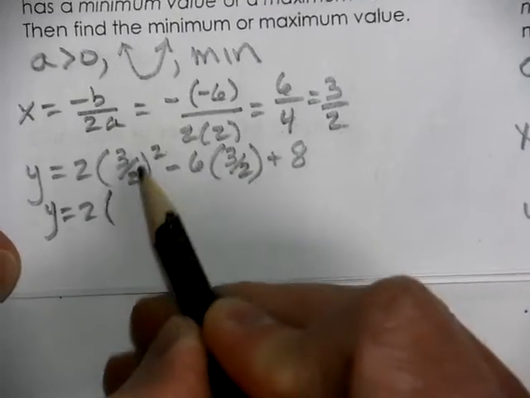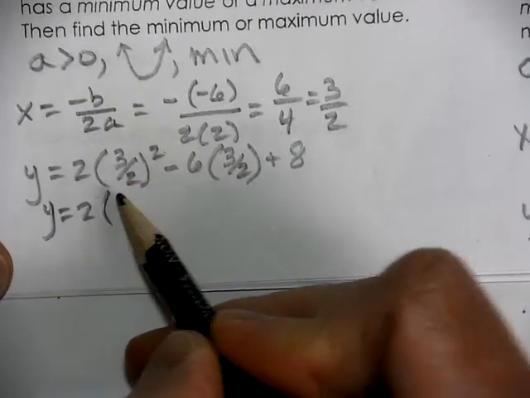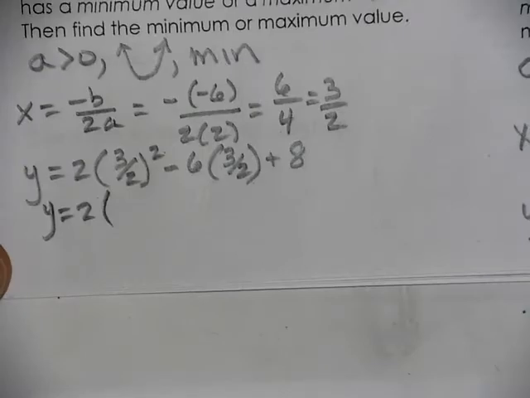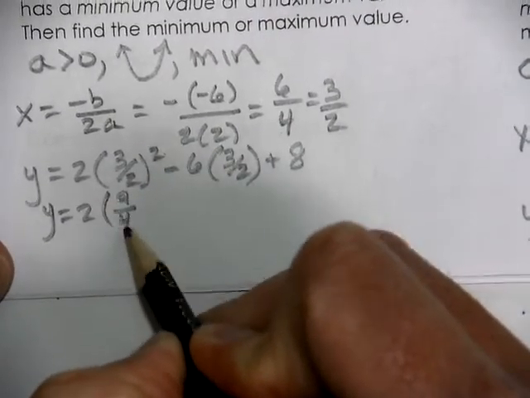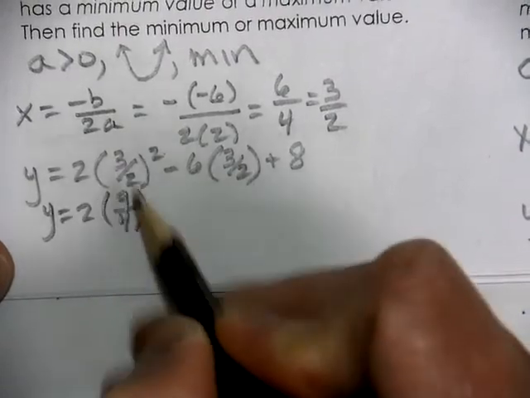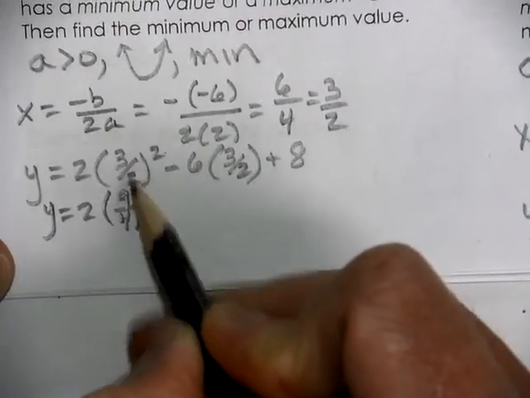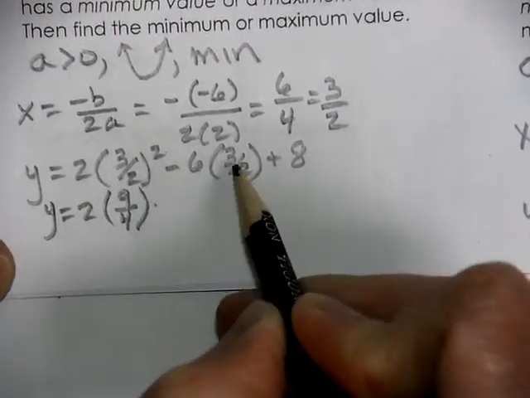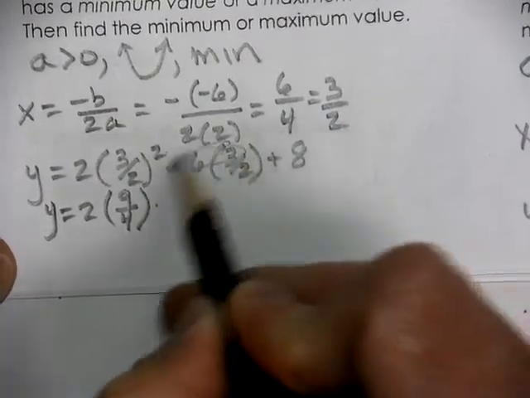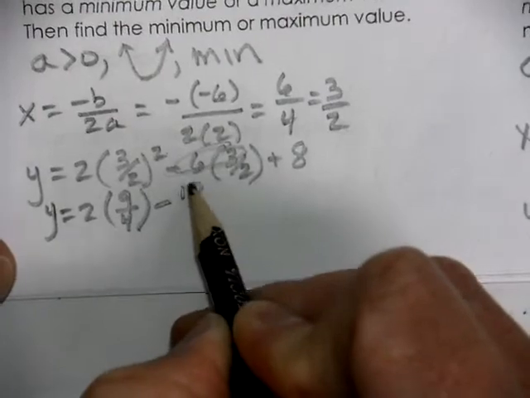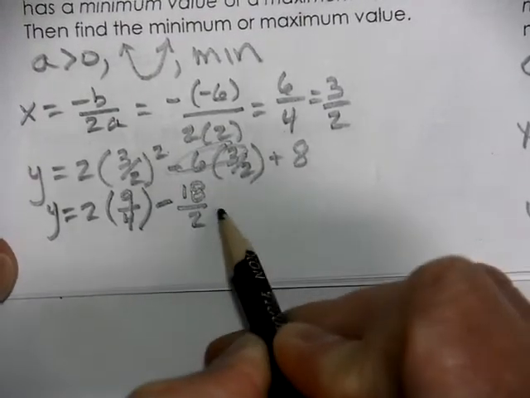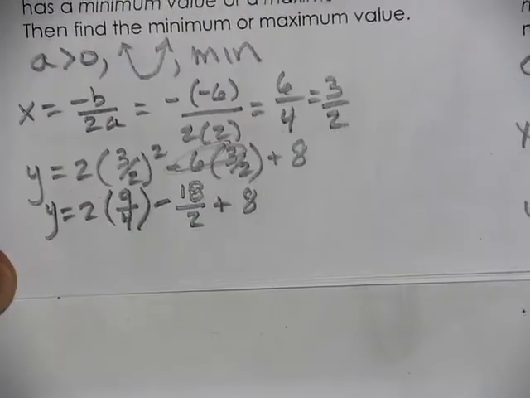So it's 2 times, and when you square a fraction, you multiply the top by itself, you multiply the bottom by itself. So that's 9/4. 3 times 3 is 9, 2 times 2 is 4. When you multiply a fraction, you multiply the tops of the fraction. So minus 18/2 plus 8.